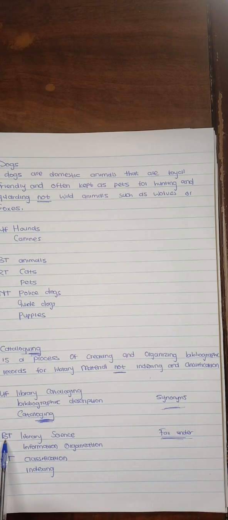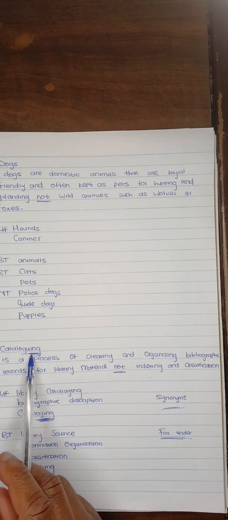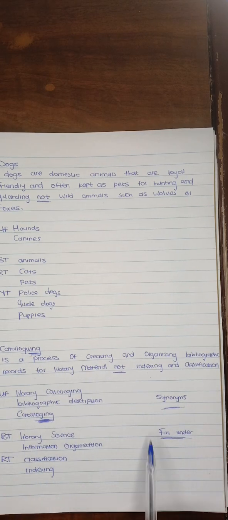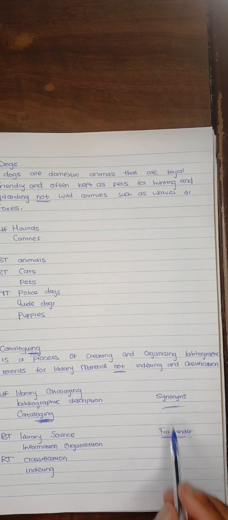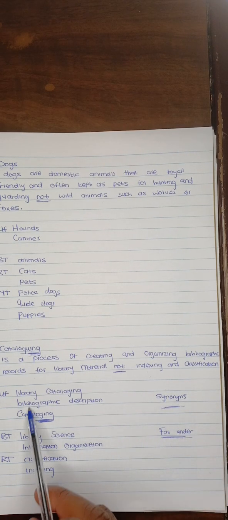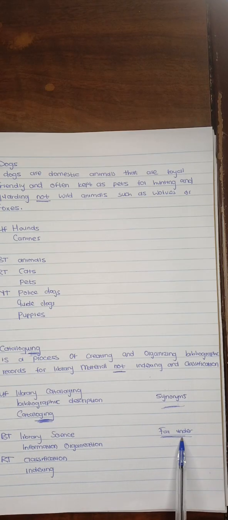After that, I moved to broader term. On broader term, you must find a bigger word that includes cataloging inside of it, that allows cataloging to fall under it. So that's why you must write fall under. These things are for reminders, so that you must not forget that use for is for synonym, broader term is for fall under.